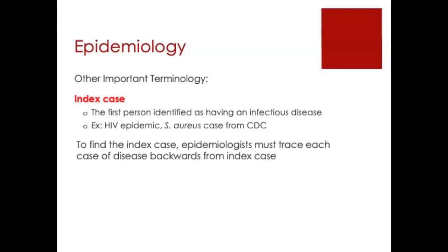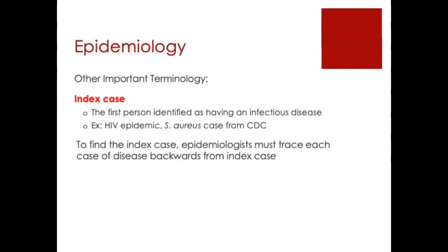So he actually would not be considered a true index case because he was certainly not the first person to have HIV, but he was certainly the common source for the early days of the HIV epidemic.